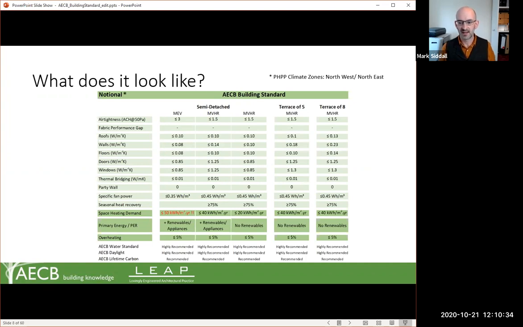In this particular case, both of these terraces include MVHR, but because you've got the relaxed fabric standard, you can start to get into a position whereby mechanical extract ventilation may be something that could be considered in some of these more northern climates. As we move further south, you'll have to review this in more detail. But this is just a quick headline to give you an overview of how different things might trade off on your specific project.